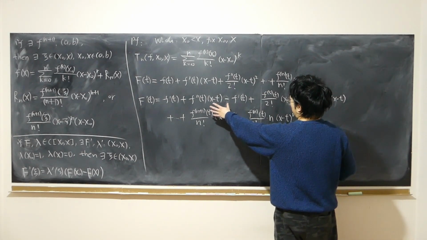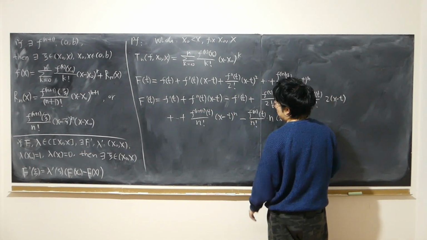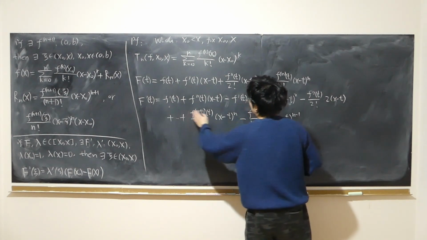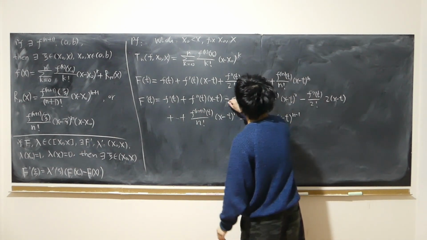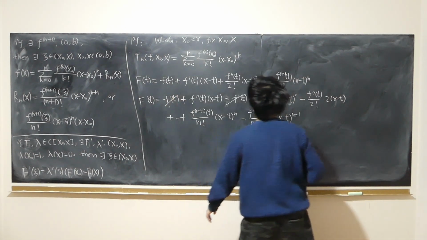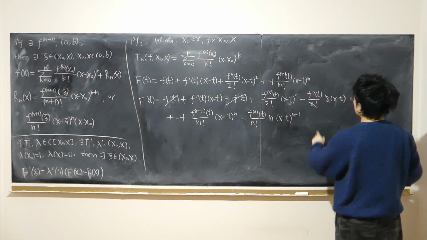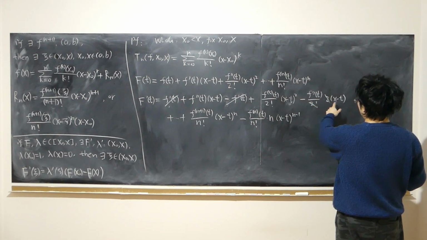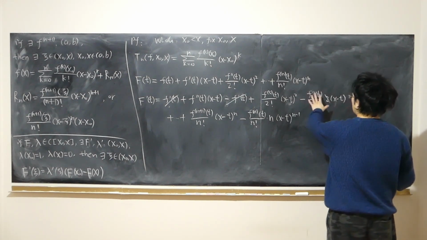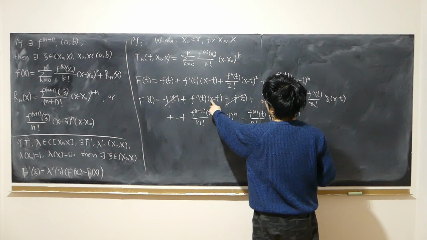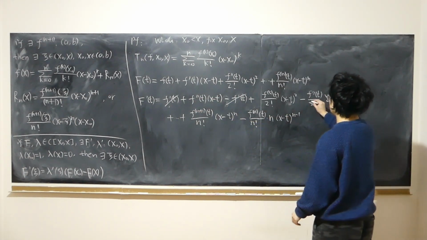We can perhaps cancel out the majority of the terms, right? f prime of t minus f prime of t, right? And also this one, right? 2 and 2 cancel out. f double prime times x minus t, this and f double prime times x minus t, they just cancel out.